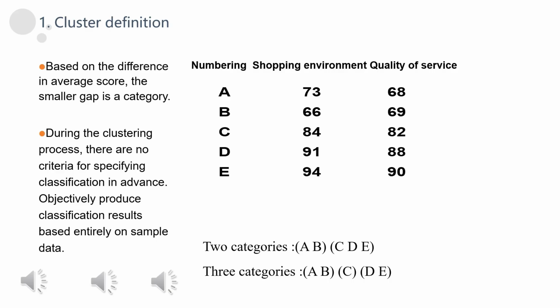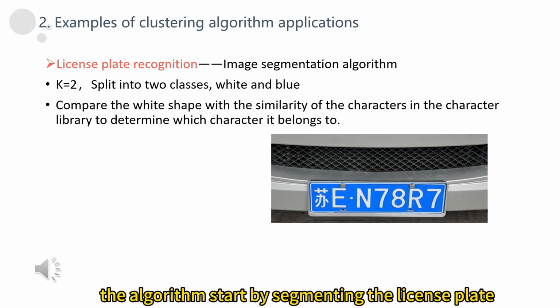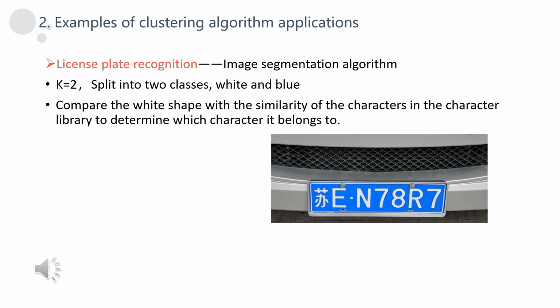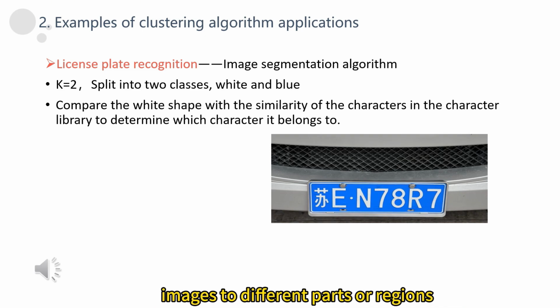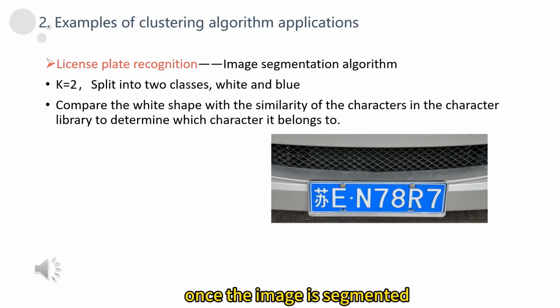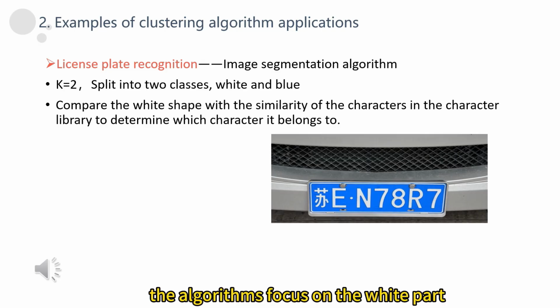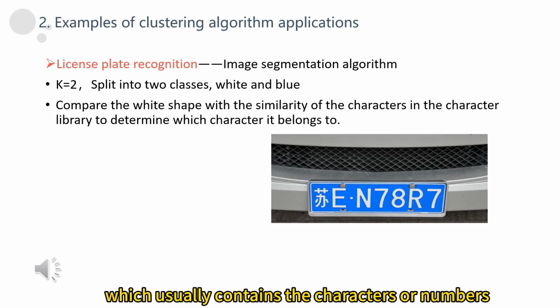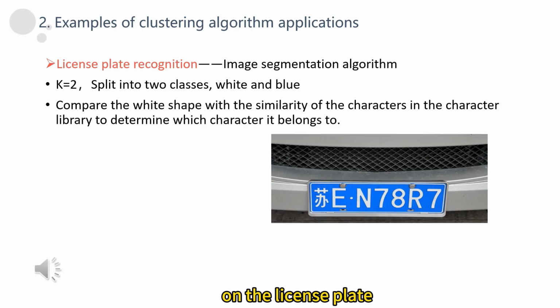To begin with, the algorithm starts by segmenting the license plate images into different parts or regions. In this case, the algorithm divides the images into two classes, white and blue. Once the image is segmented, the algorithm focuses on the white part, which usually contains the characters or numbers on the license plate.